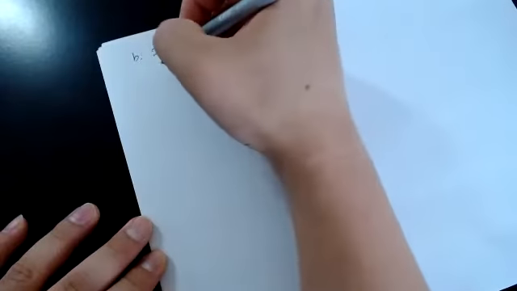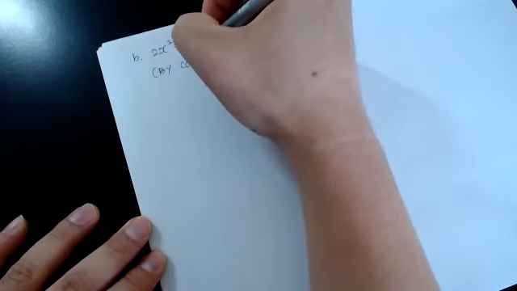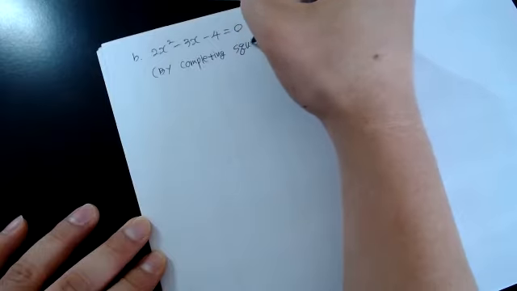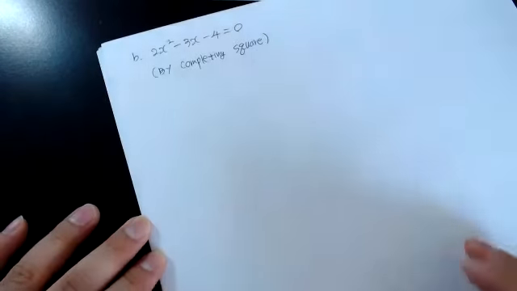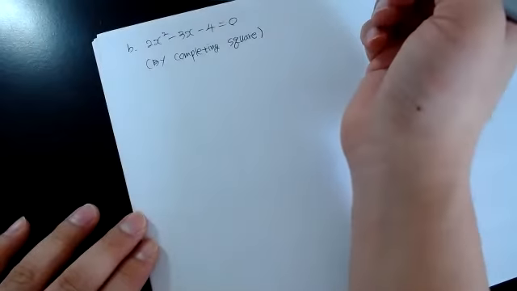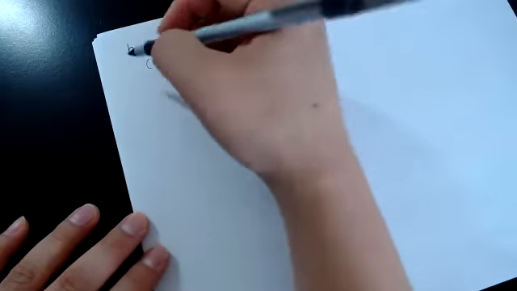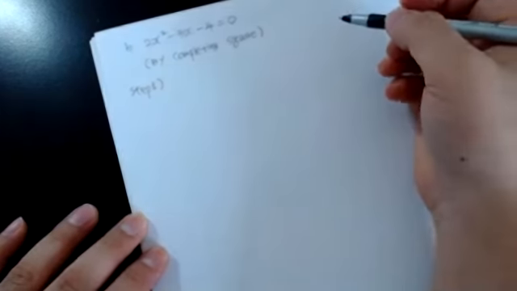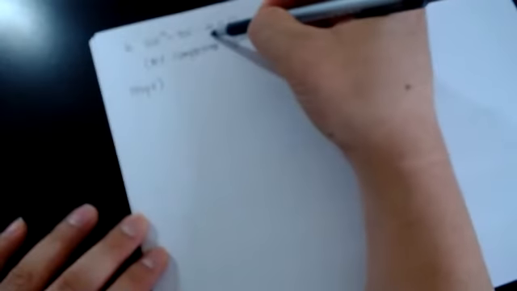So by completing the square, step 1: we move the constant term to the right hand side, right? So 2x squared minus 3x is equal to 4.